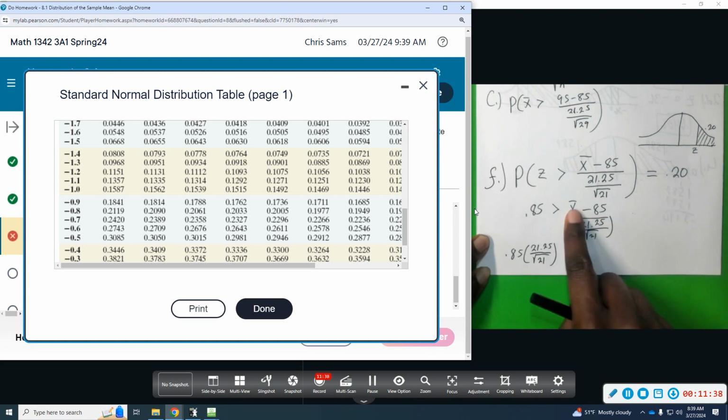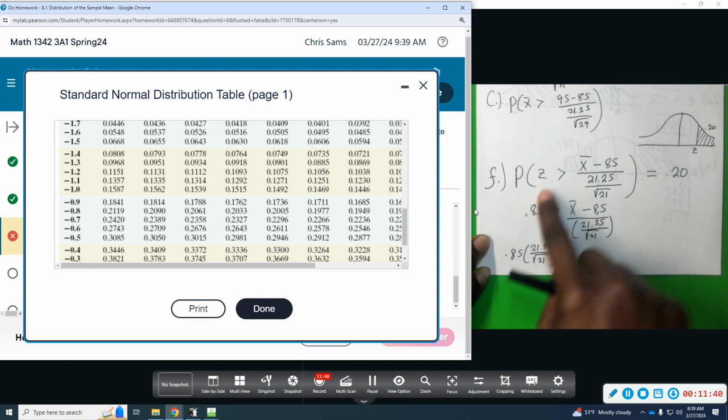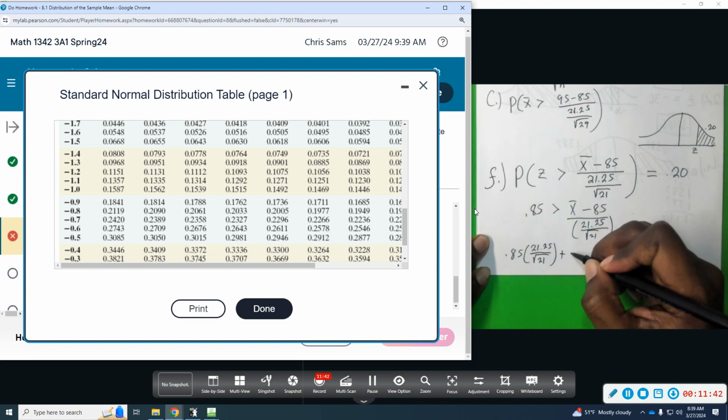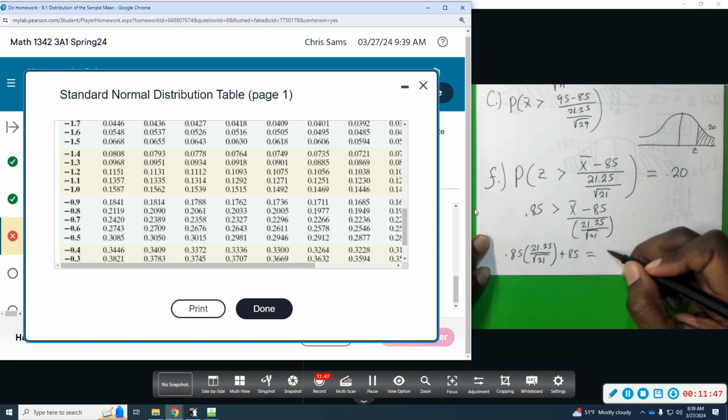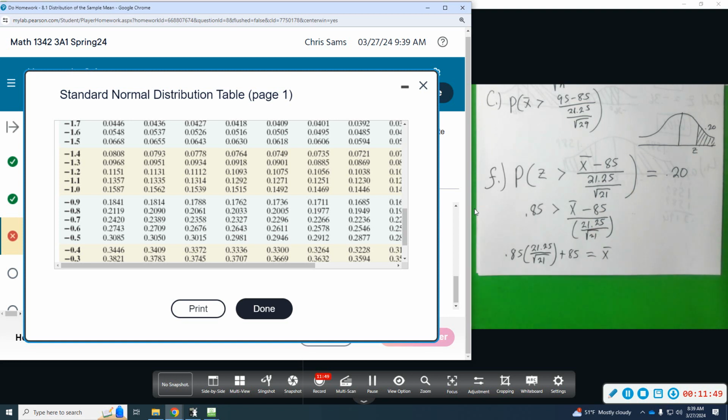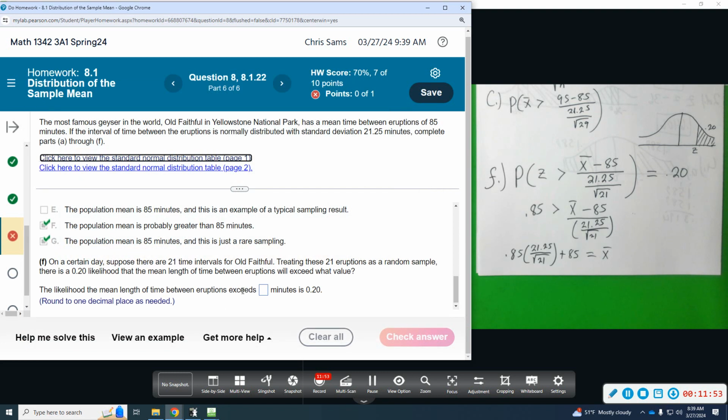And then we have X bar minus 85, so I'm going to add the 85. That's going to give us this X bar number that we're looking for. We'll let the calculator compute all of this, and then that'll give us our estimate.